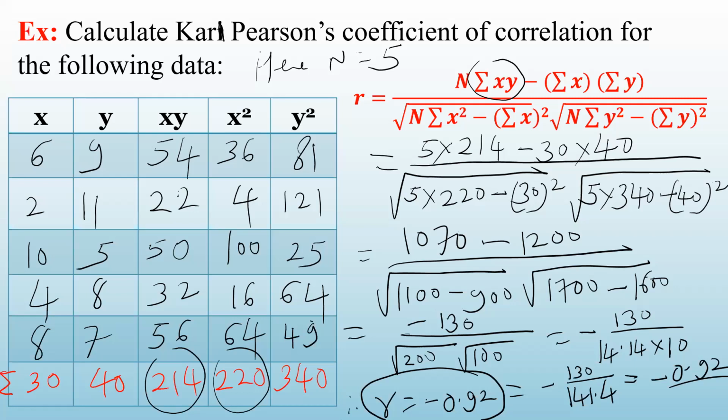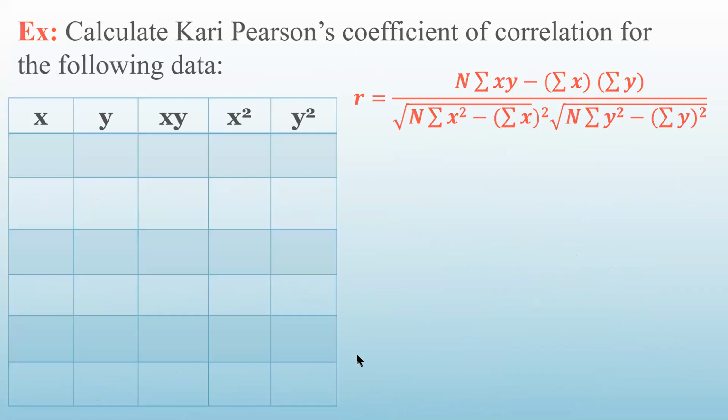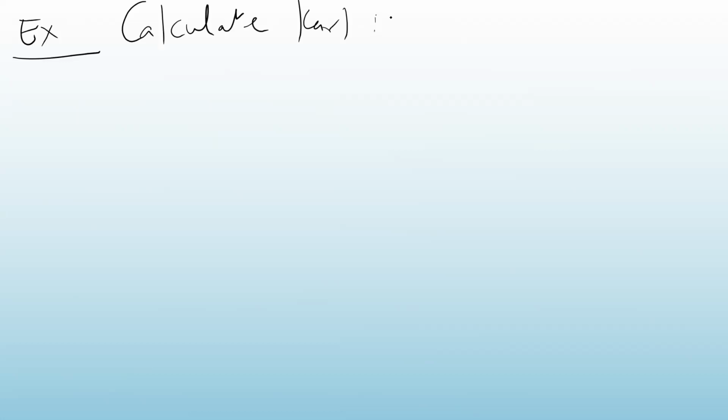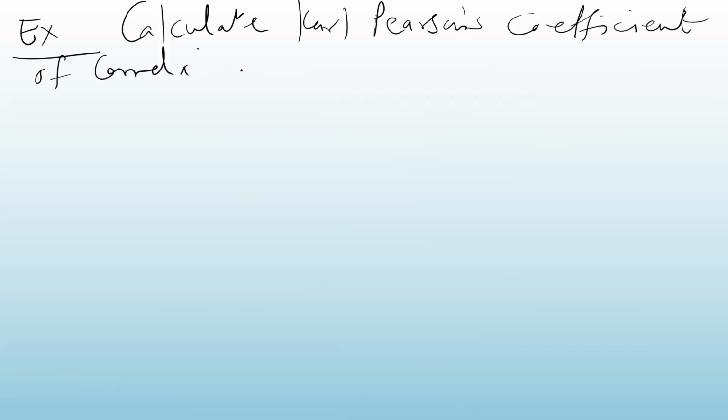Let us now solve the next problem. Calculate Karl Pearson's coefficient of correlation for the following data.